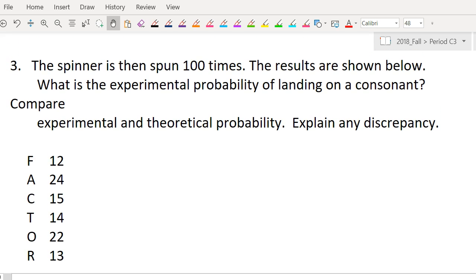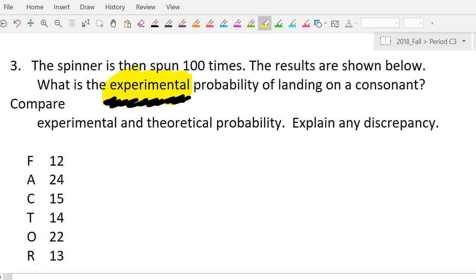The results are shown below. So this is an experiment, right? So I could say, what kind of probability is this? And you guys would have to write experimental. I might do that, so study. What kind of probability is this? And you're going to write experimental. Okay. So, of landing on a consonant.